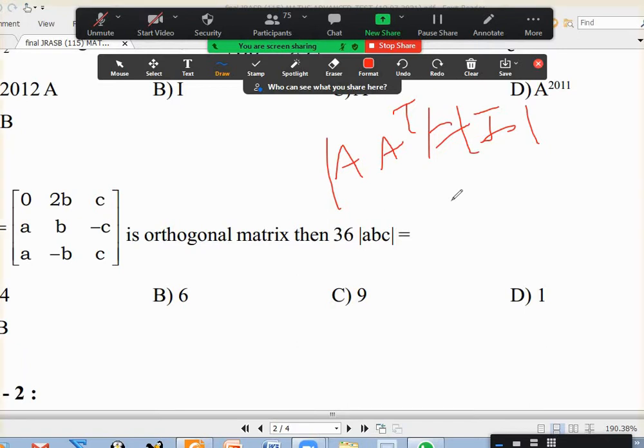If I find A into A transpose, something may come. Some more details we may know. Okay, let me just try it. If I get something, let us see. 0, 2B, C; A, B, minus C; A, minus B, C, into its transpose.